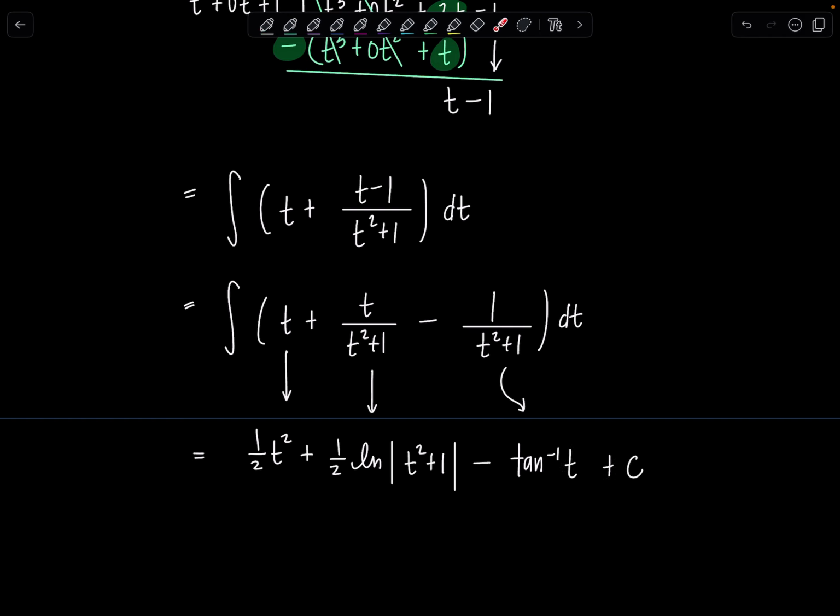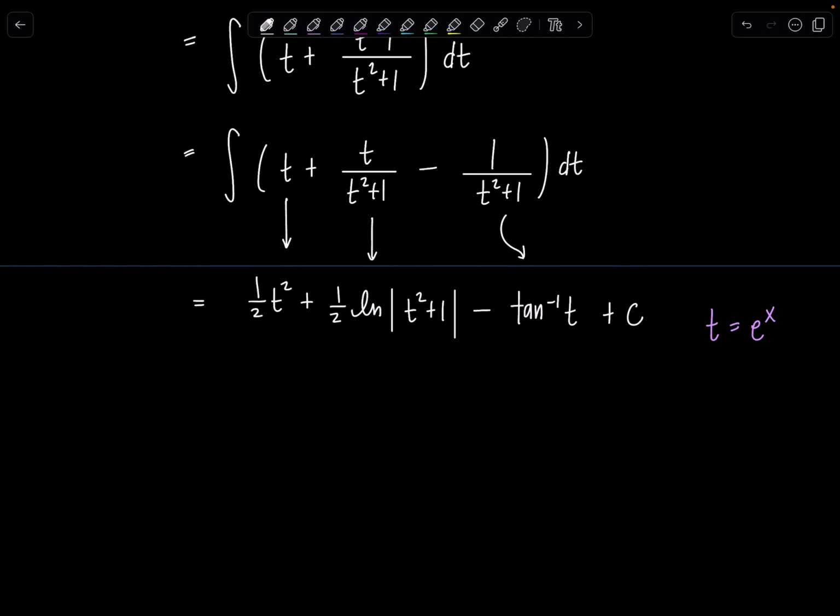Now I'm noticing here t squared plus 1, that's not going to be negative, so I could switch these absolute value bars to parentheses. And then remember, originally we made the substitution, we let t equal e to the x, so we have to go back to e to the x now. So we have 1/2 e to the x squared plus 1/2 natural log of e to the x squared plus 1. I'm switching to parentheses. Watch me go.